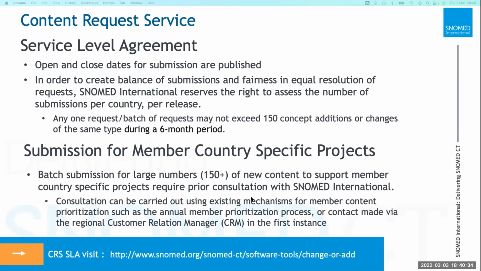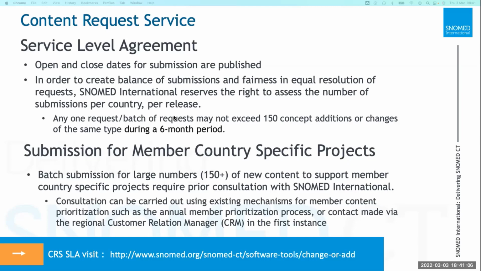So if it was a huge change, or say, for example, you were looking at a specific area and there was a lot of change to happen, then that might be done through a batch submission. And you would consult with people like Liara to get that prioritized. But in the general maintenance of the requests, it's usually around 150 additions or changes per 6-month period of the same type of content.